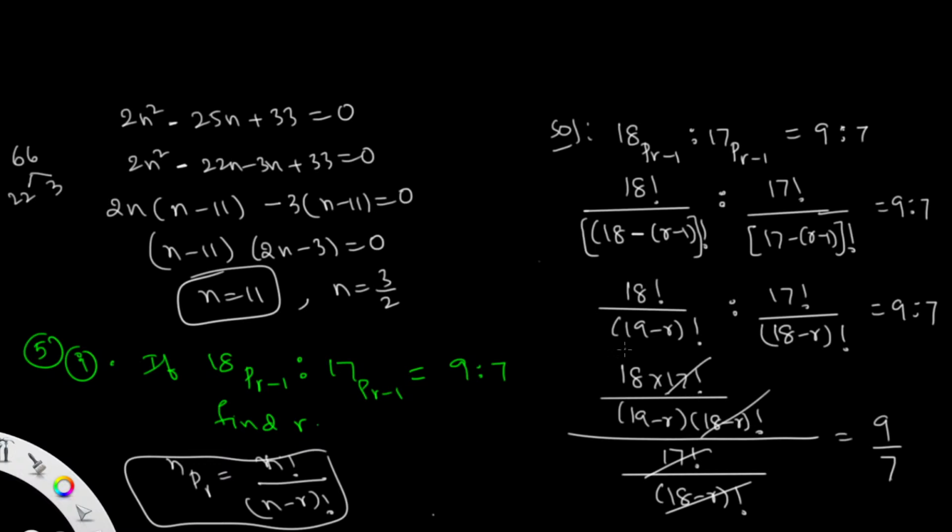I am writing the previous terms as something into something, whereas n factorial is nothing but n into n minus 1 factorial. In the same way 18 factorial can be written as 18 into 17 factorial, and 19 minus r factorial can be written as 19 minus r into 18 minus r factorial. So the remaining terms: 17 factorial gets cancelled, 18 minus r factorial gets cancelled. That is 18 by 19 minus r equal to 9 by 7.